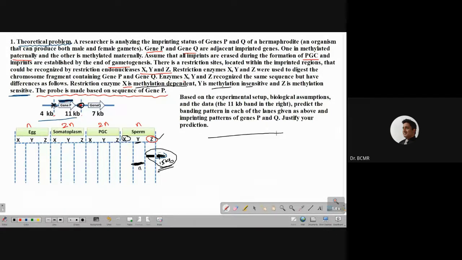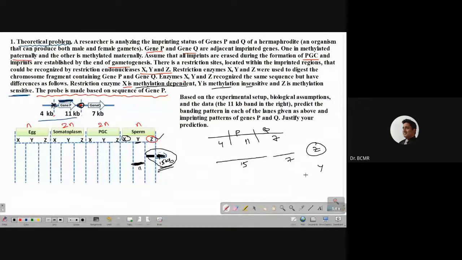I'll try to give three different conditions, Q and P, and we have these fragments 4, 11, and 7. So what will happen if we cleaved with Z, we got a fragment that is 15 kb, and this one will be 7, which will not be visible because Z will cleave only where there is no methylation.